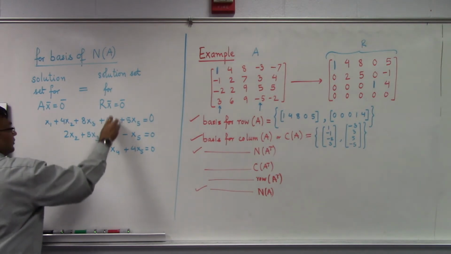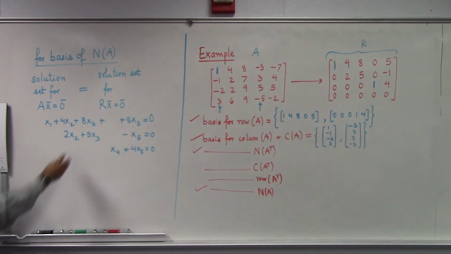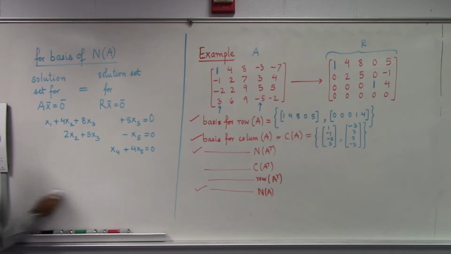Let me remove this from here so that it's easy for us. Now remember, x1 and x4 are the pivot variables.